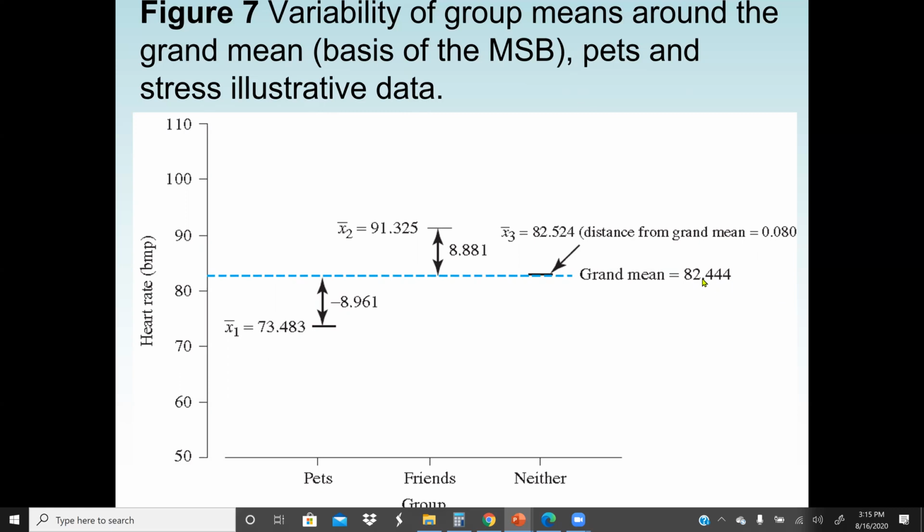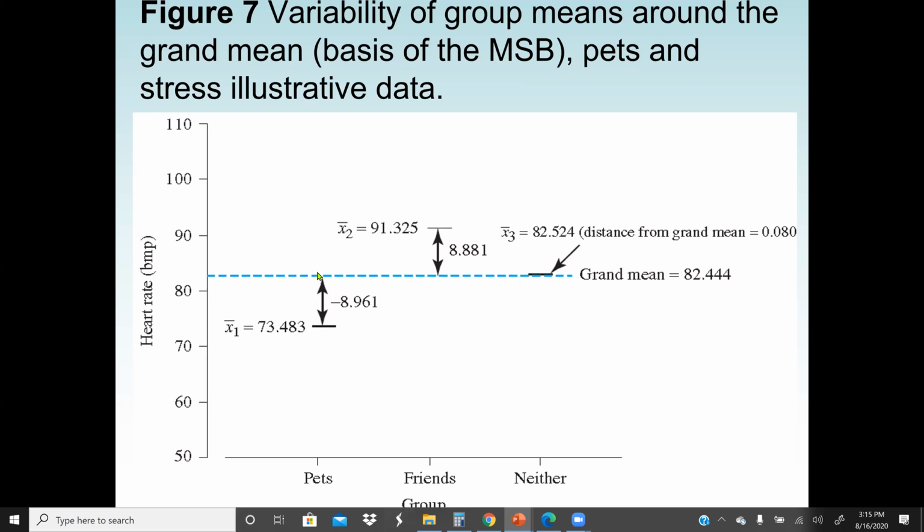So how do we get 82.444? We had the S1 mean, which is the pet mean, plus the S2 mean, which is the friends group mean, plus S bar 3, which is the neither friend nor pet mean. So from this diagram, we can see the difference.